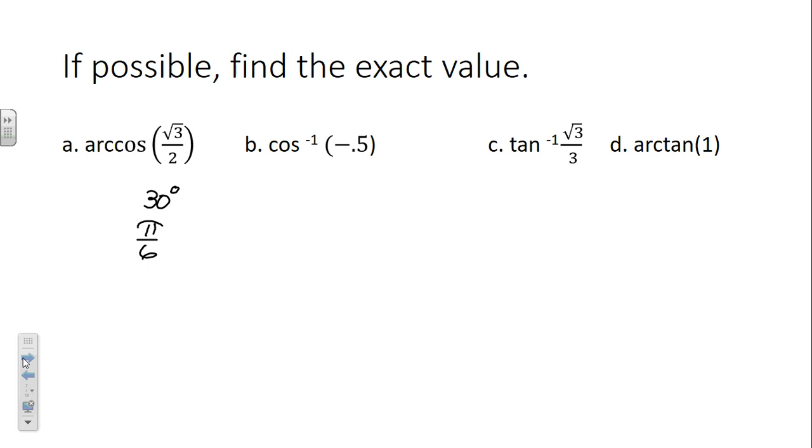Okay? Do we know a place where the cosine is negative 1/2? In the third quadrant and in the second quadrant. So where is the inverse cosine restricted to? First and which one?